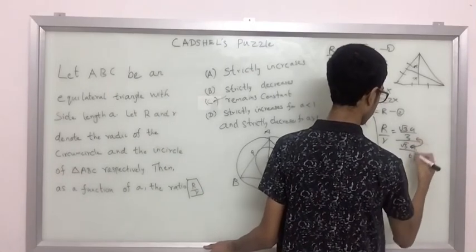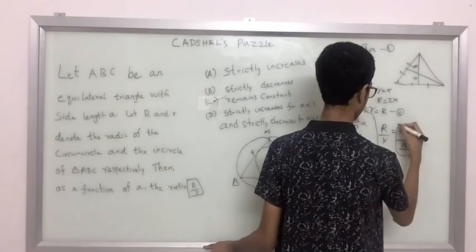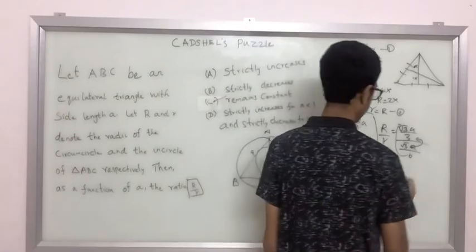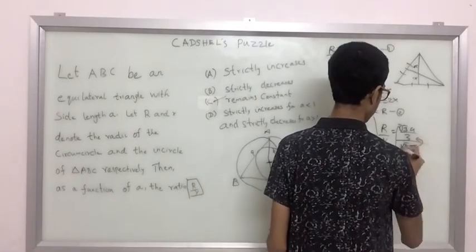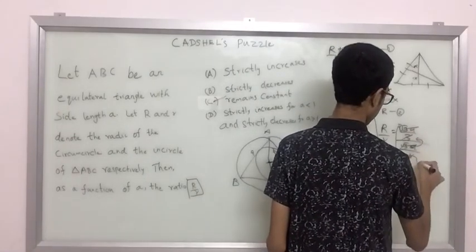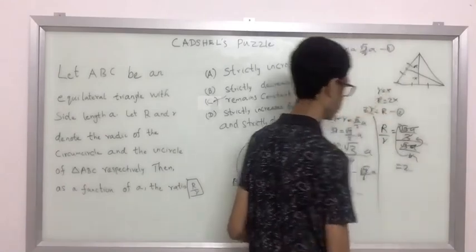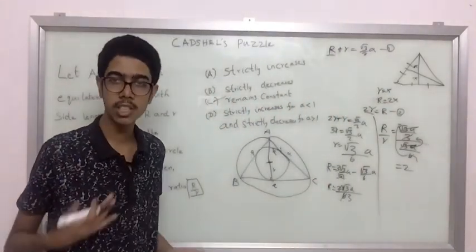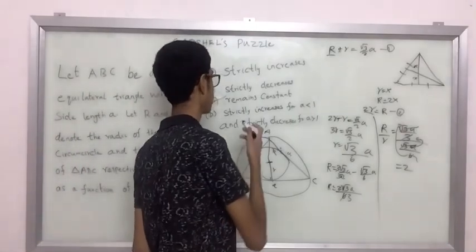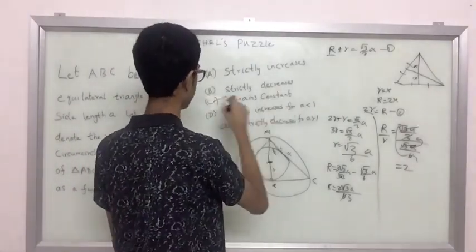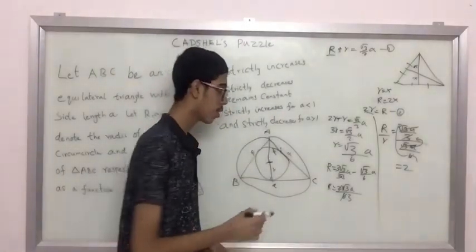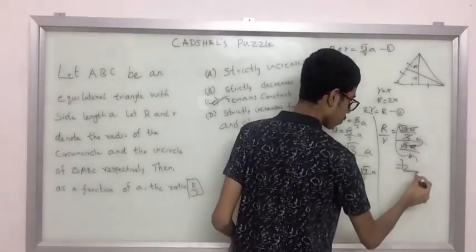This will go here, this will go here. Am I right? After doing every cancellation, you will get the answer as 2. That means R by r is 2. 2 is a constant. That means it will remain a constant, and that constant is 2.